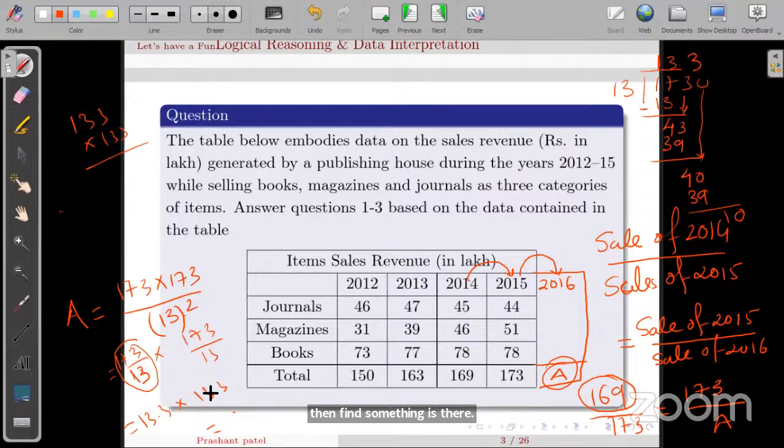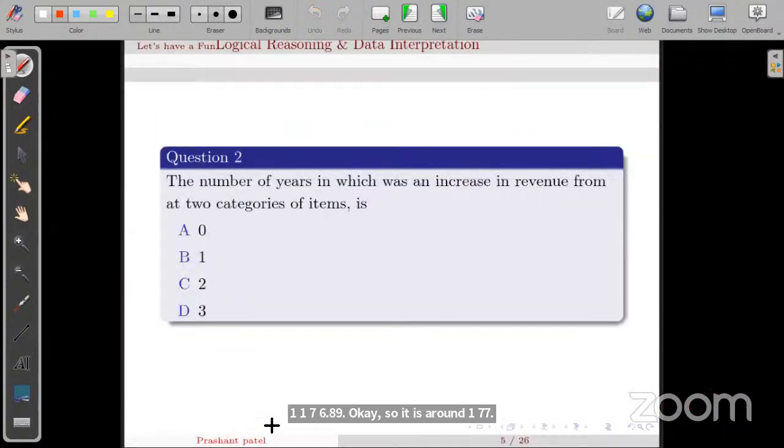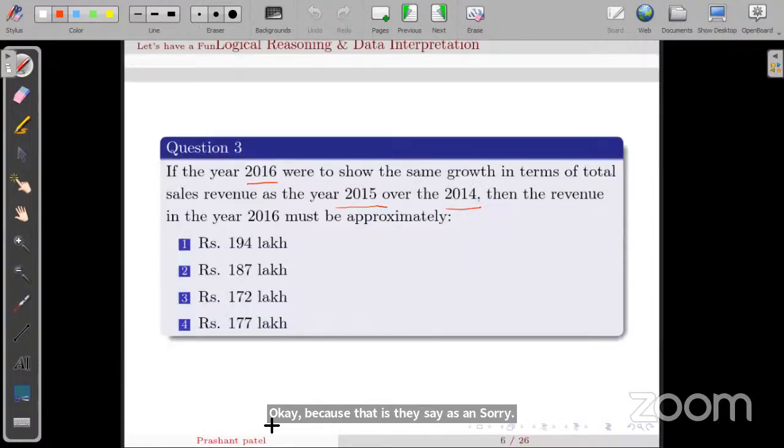You understanding what I'm saying? 176.89. Okay, so it is around 177, because here one of the options is 177. So that is the correct option, the fourth one.